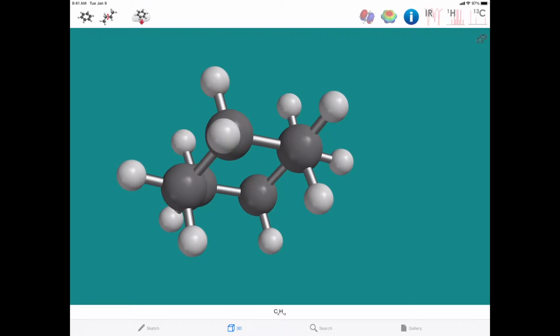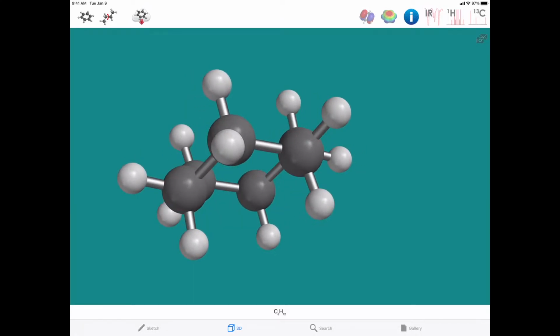Got it? All right. So in the six-membered ring, there's no more of this strain associated with the fact that staggered is more stable than eclipsed, because all of the carbon-carbon bonds have this staggered conformation.